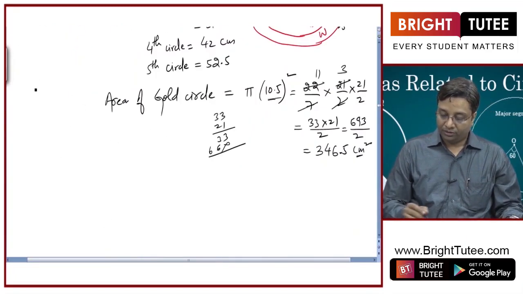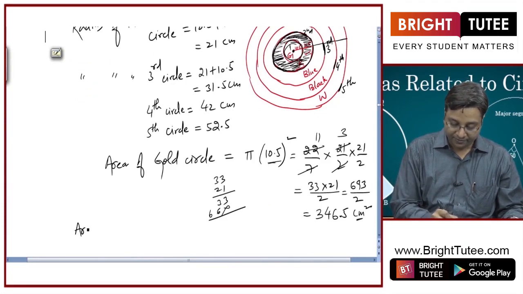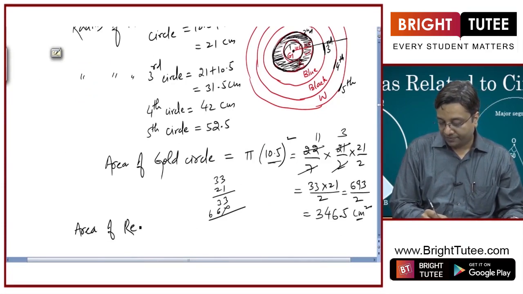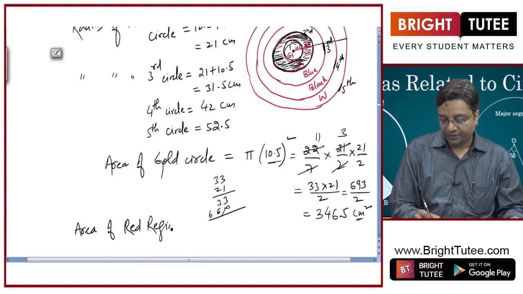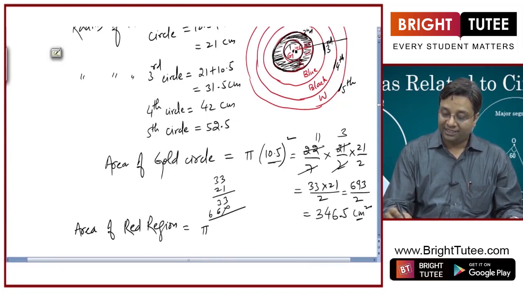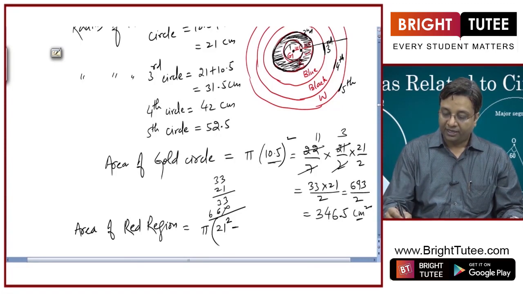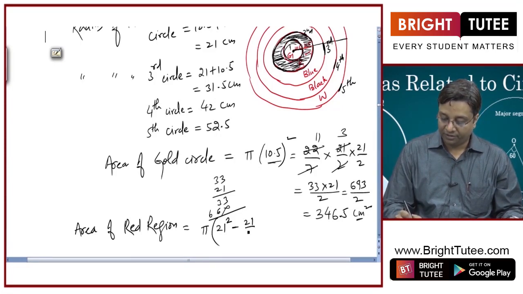So the area of the red region is equal to pi R squared, where the radius of this second circle is 21, minus the area of this circle. So the radius is 21 by 2 and you square it.